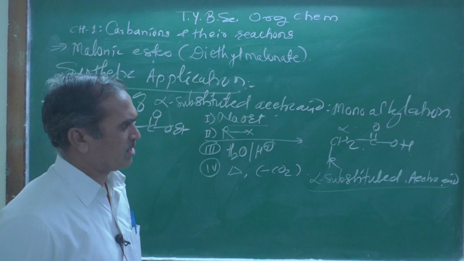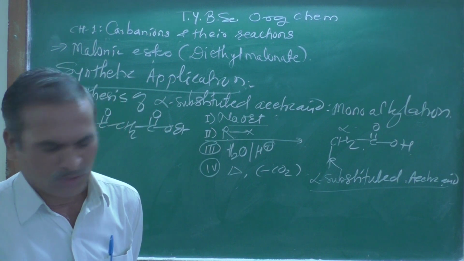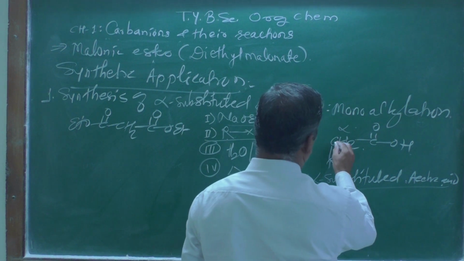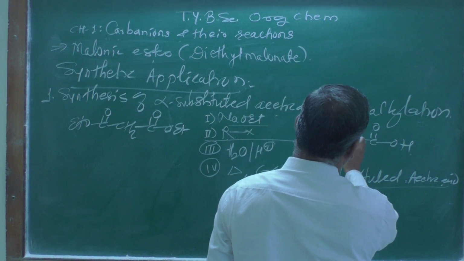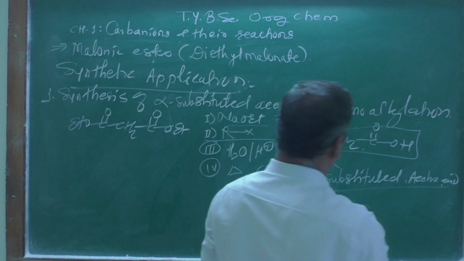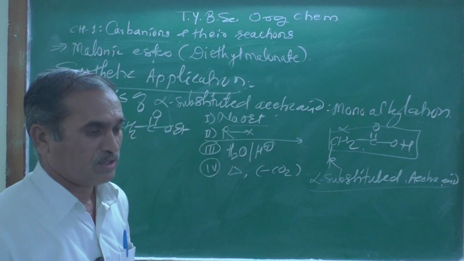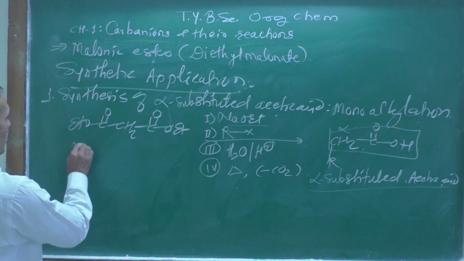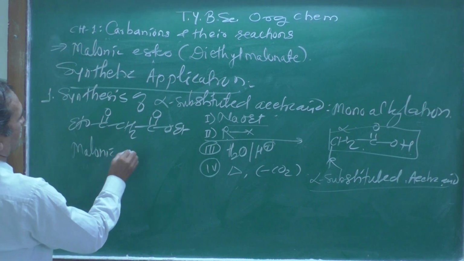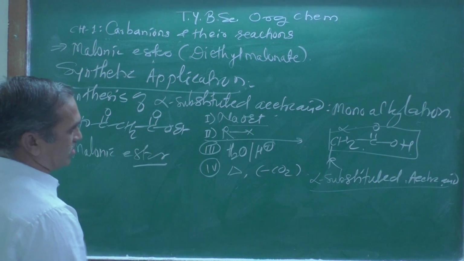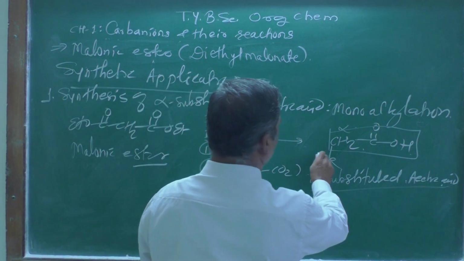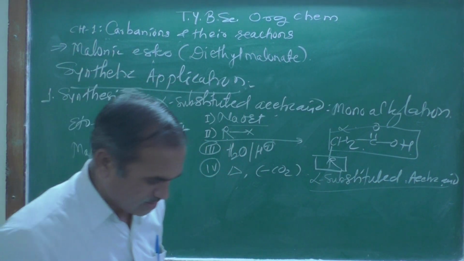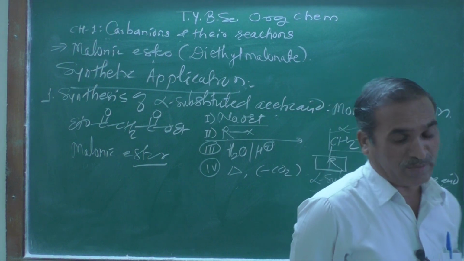If you observe this structure carefully, what do you see here? The group CH and then C double bond O group is coming from the malonic ester. This is the structure of malonic ester, and there are two parts here. Now look at the R group, that is an alkyl group, and where is it coming from?